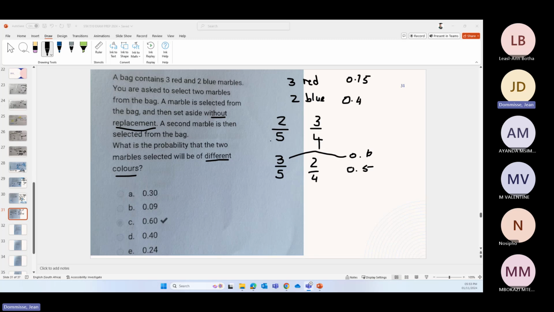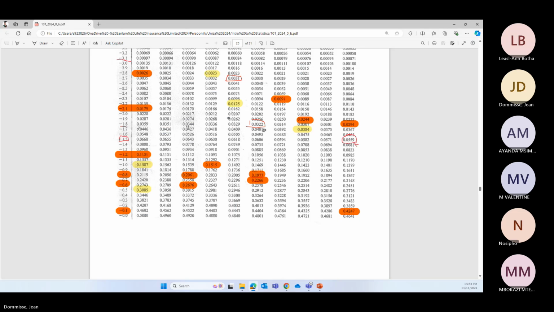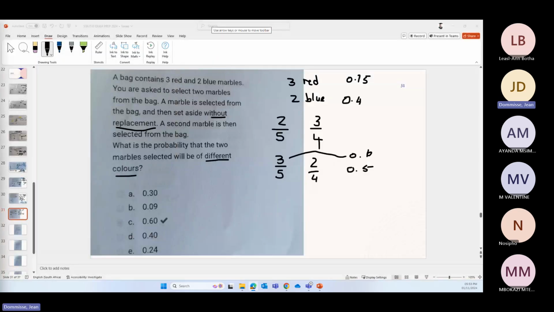Sheesh, this is... Let's quickly ask our other AI tool. Where is Copilot? Let's quickly see if I can ask.